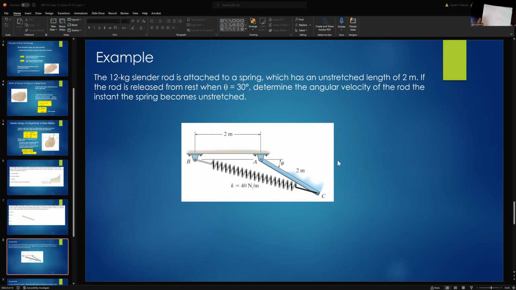I'm going to write down what we know: 12 kilograms, 30 degrees, 2 meters.